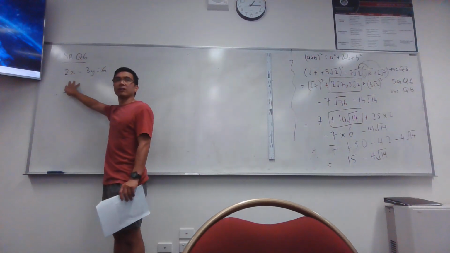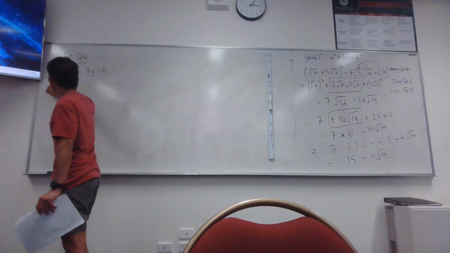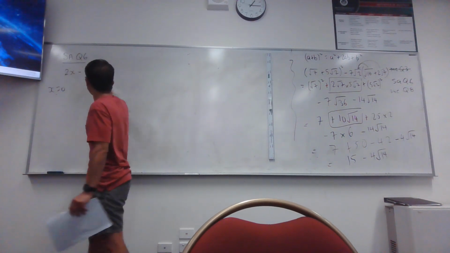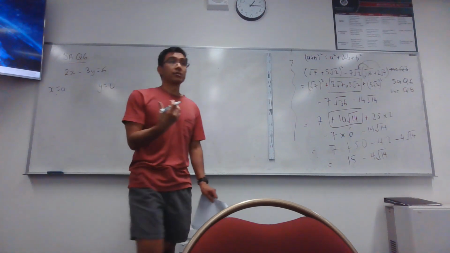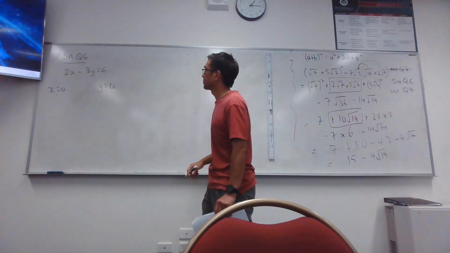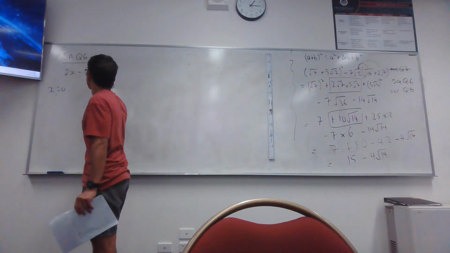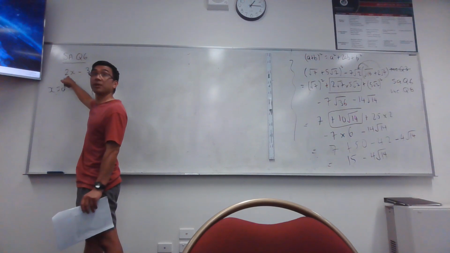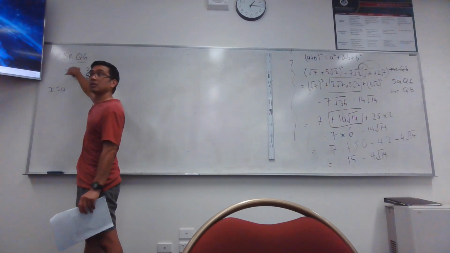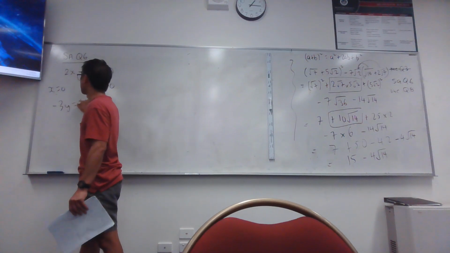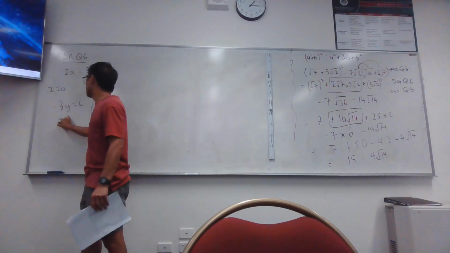When it's set up like this, the x-intercept, the y-intercept method, putting zeros in, makes things a little quicker. For example, if I turn the x equals 0 into here, what happens to 2x? It goes. So we're left with negative 3y equals 6, and y equals negative 2.